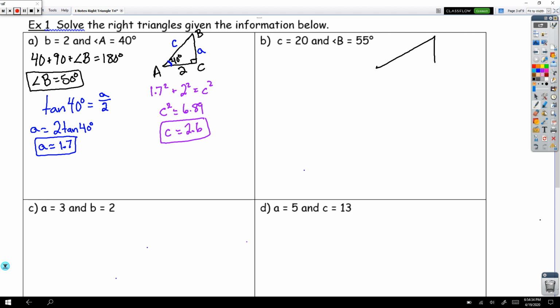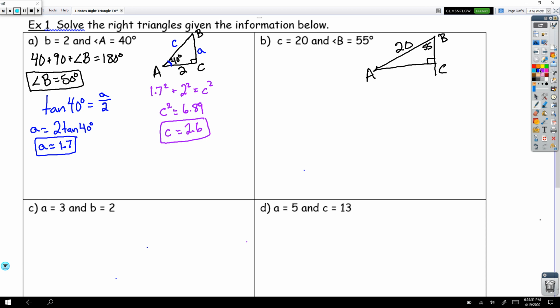So here's my right triangle. A, I don't know. B is 55 degrees. And there's angle C. So this time it gives me the hypotenuse, like I said.